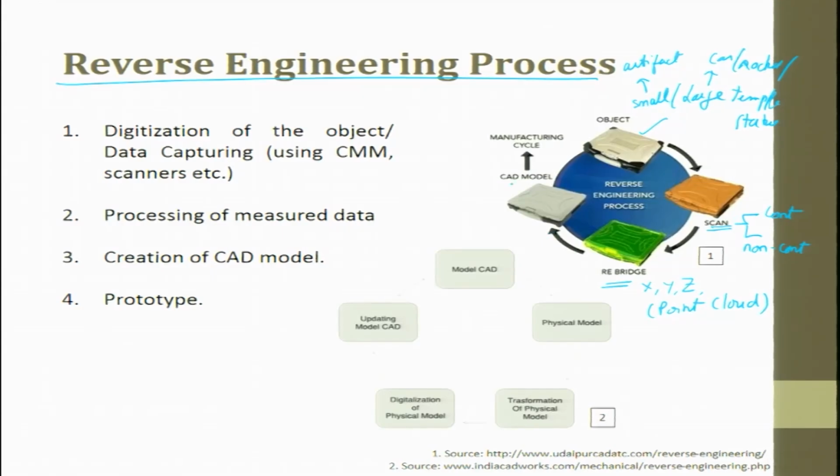From the moment a CAD is obtained, you can go for a CNC machine, you can go for inspection, you can also go for rapid prototyping. So, the CAD gives you the lead for manufacturing. If you look at it, it goes like this: a physical model is transformed, you digitize the physical model, then you develop a CAD model, and then this is brought back to the physical model.